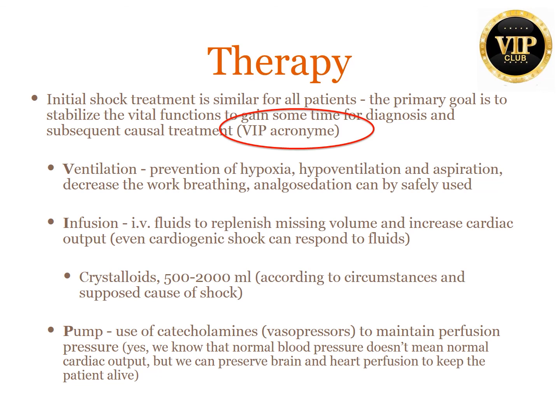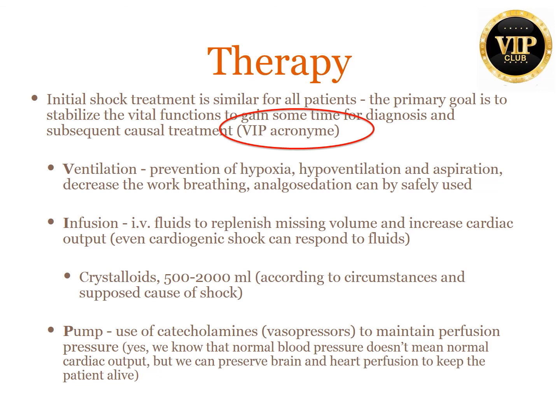A useful mnemonic to describe the important components of resuscitation is the VIP rule. V for ventilation: prevention of hypoxia, hypoventilation and aspiration, decrease the work of breathing, analgesic sedation, and so on. I for infusions: IV fluids to replenish missing volume and to increase cardiac output.